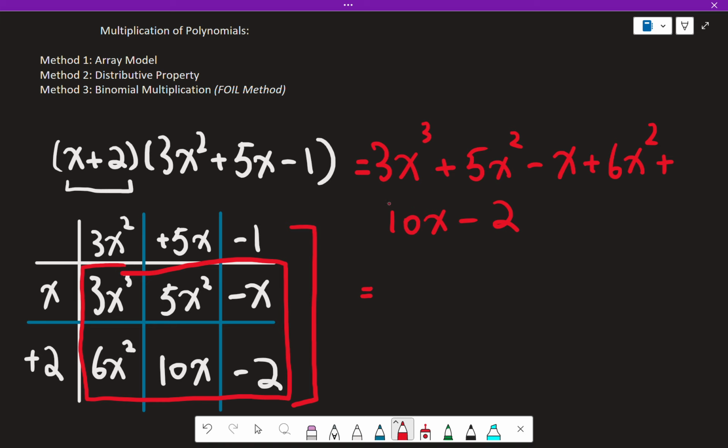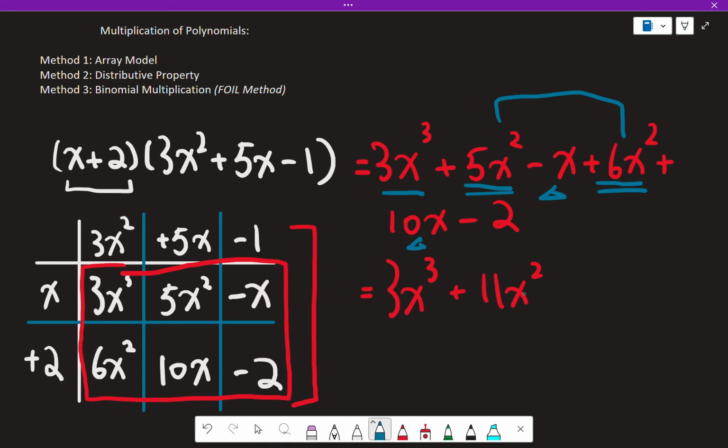So, do we have any like terms for 3x cubed? We will see that no. So we just write it down here. Do we have any like terms for 5x squared? Yes, we do have a like term for 5x squared, which is 6x squared right here. So we combine these two terms, we will get positive 11x squared. Do we have any like terms for negative x? We do.